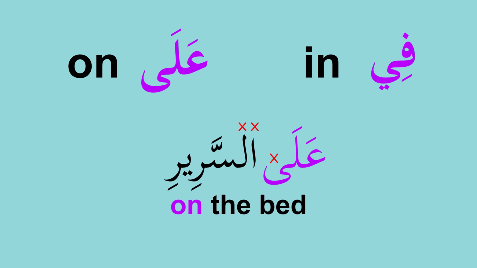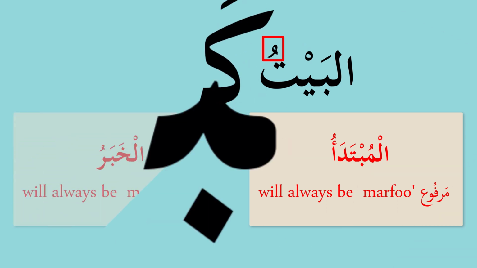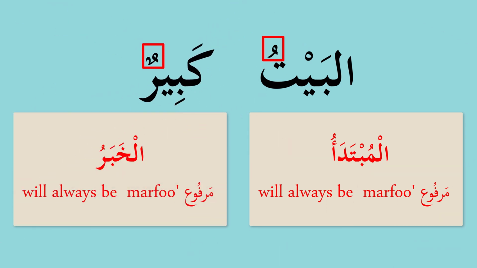Brother, did I tell you? Did we learn, brothers and sisters, that mubtada is always marfu? And khabar is always marfu. Now we go one step forward. Khabar is only marfu if it is one word. What did I say, brother?